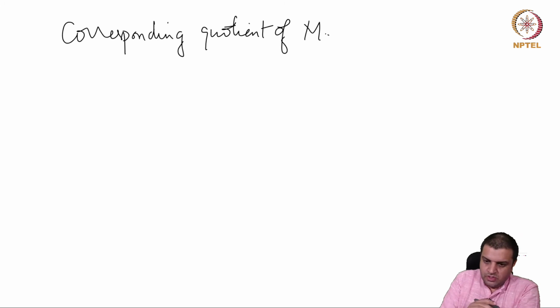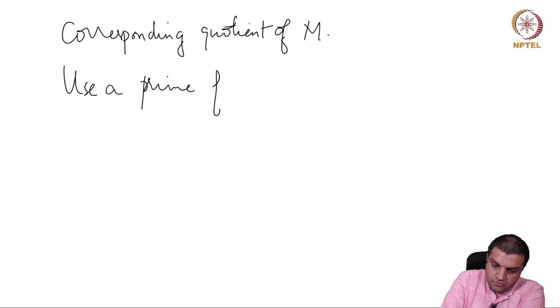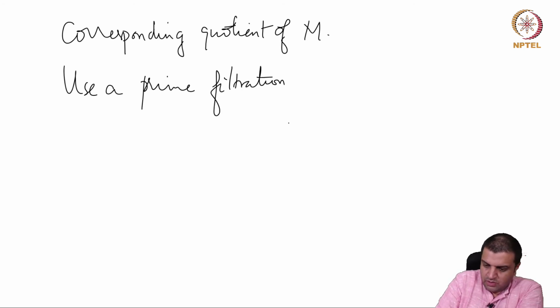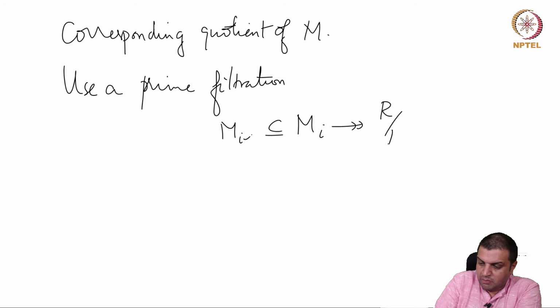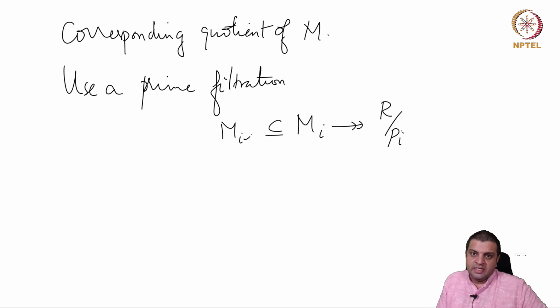So now use a prime filtration. We will get some Mi inside Mi minus 1, and the quotient is some R mod Pi. We can adjust the degrees to make this a short exact sequence of degree preserving maps.